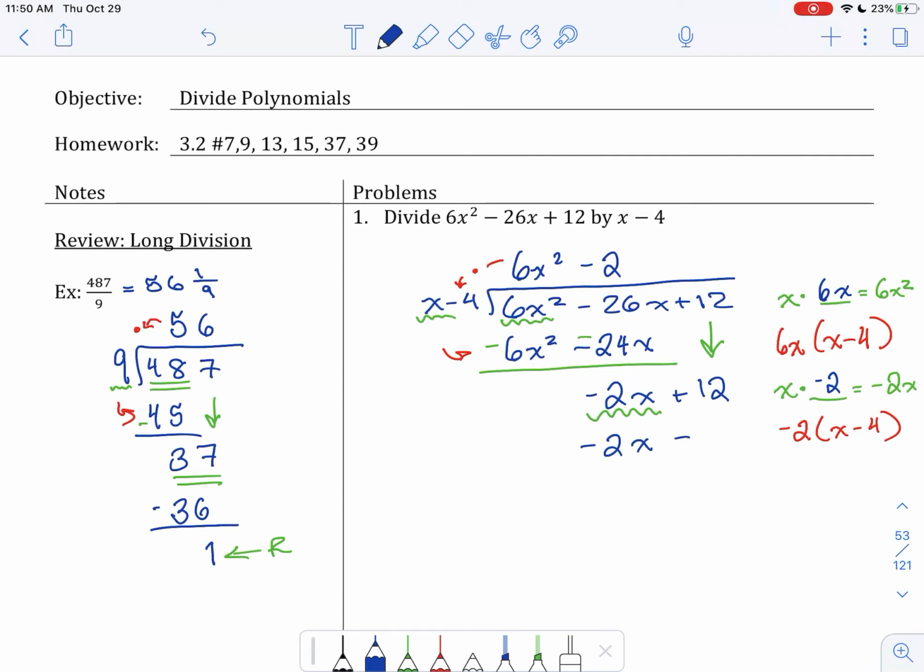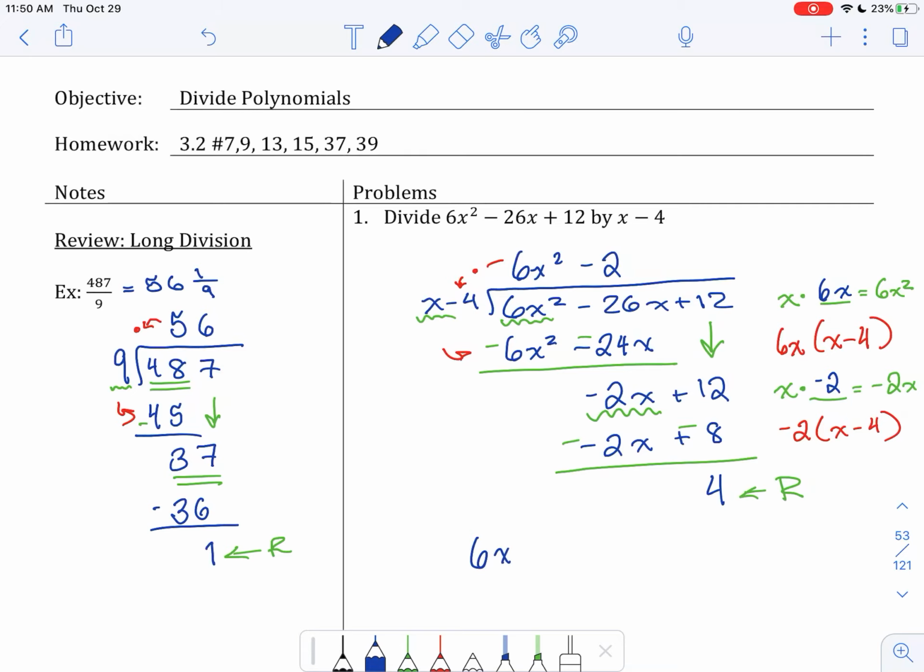It's negative 2x plus 8. Again, we want those first terms to be the same so that when we subtract, they cancel out. Negative 2x plus 2x is 0. And then we have 12 minus 8, which gives us 4.